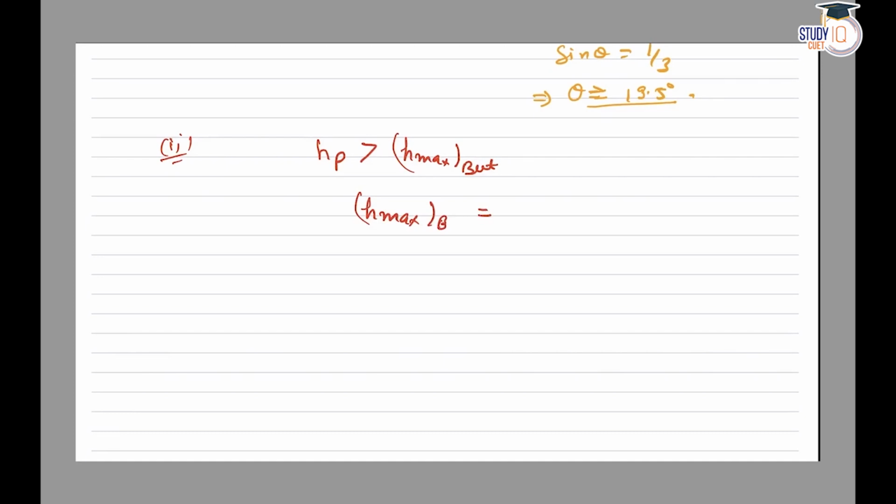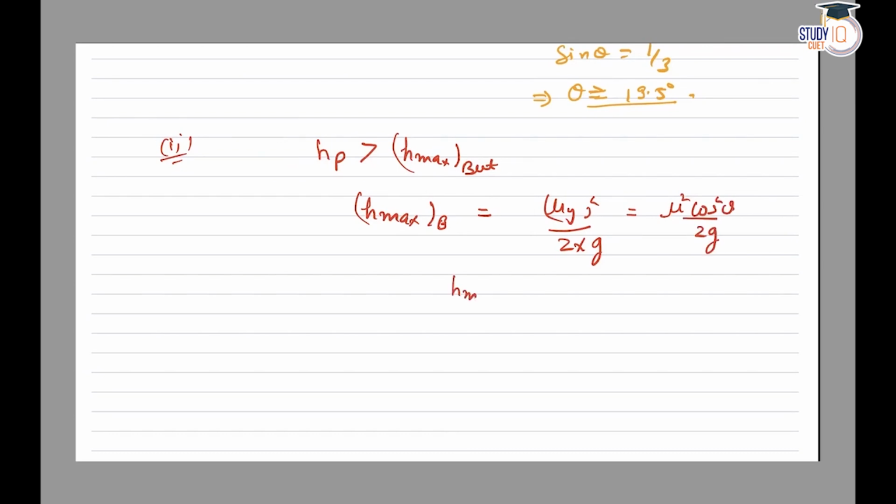So the maximum height of the bullet is given by uy square upon 2g, where uy is the velocity of the bullet in y direction, which is equal to u square cos square theta upon 2g.